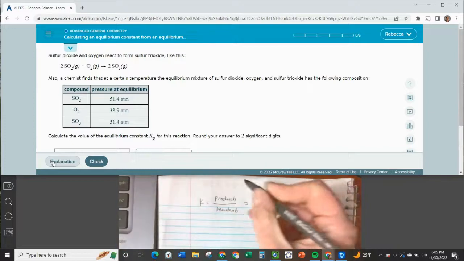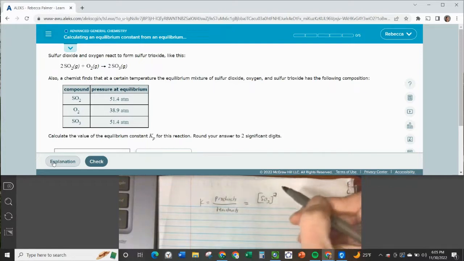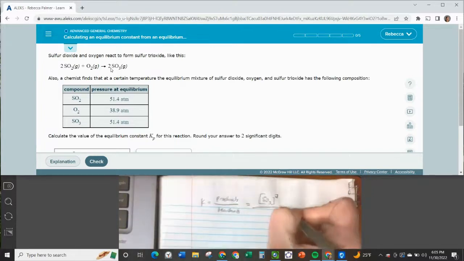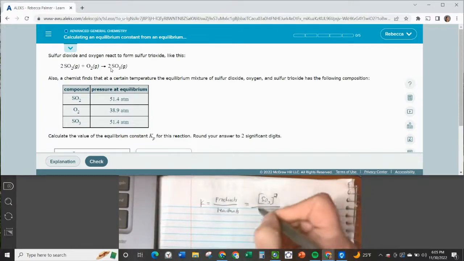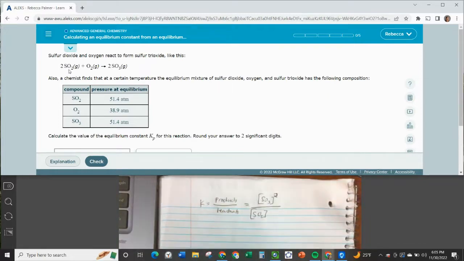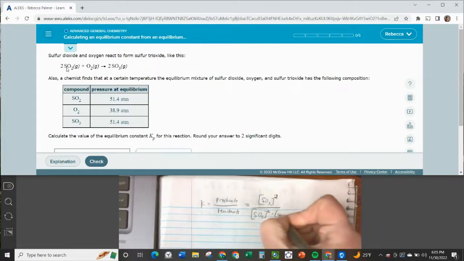So here we have SO3 is a product raised to the second, because there's a 2 in front of there. So products over the reactants. So I have SO2 as a reactant to the 2 times O2 to the 1.